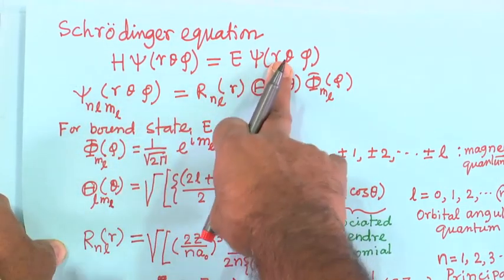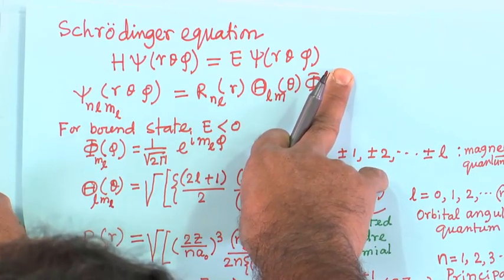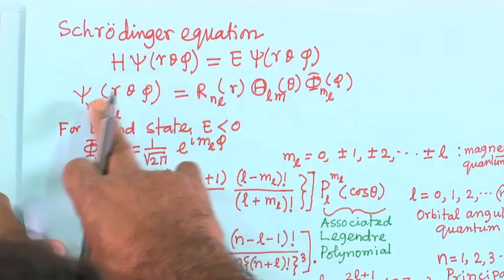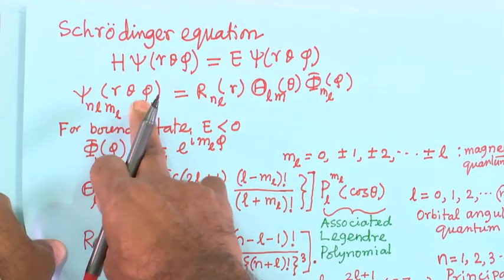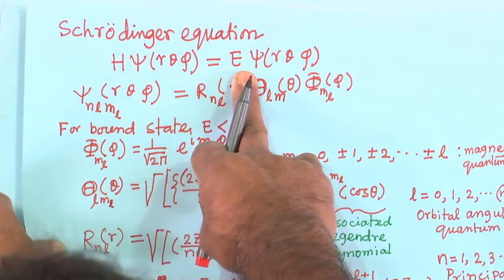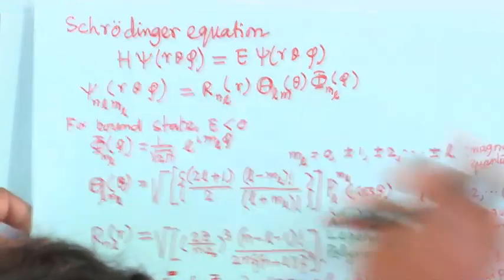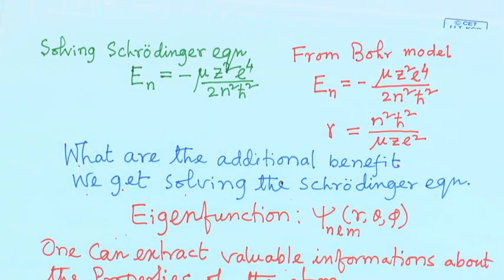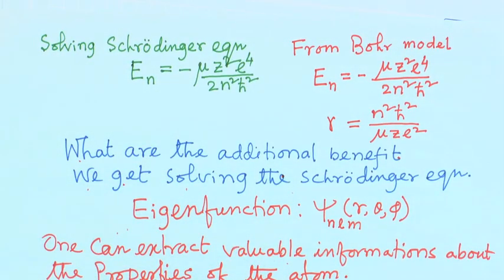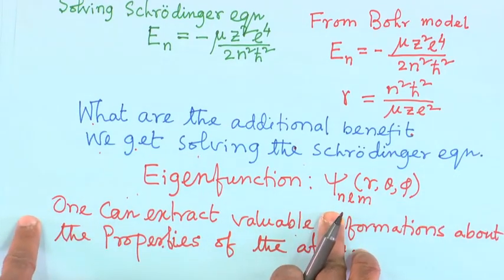We call this the Schrodinger eigen equation; psi n l m l is the eigen function, and the energy E n is the eigen value of this equation. So solving the Schrodinger equation, we got the additional thing, the eigen function psi n l m l.